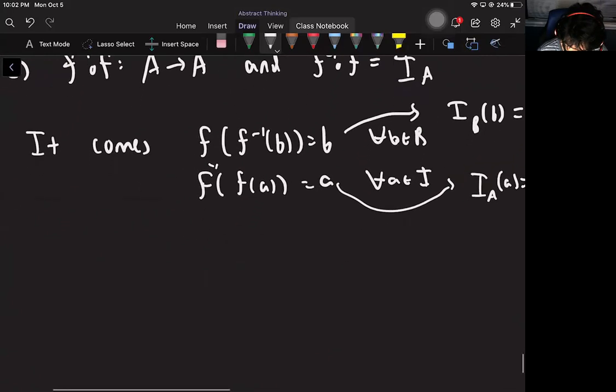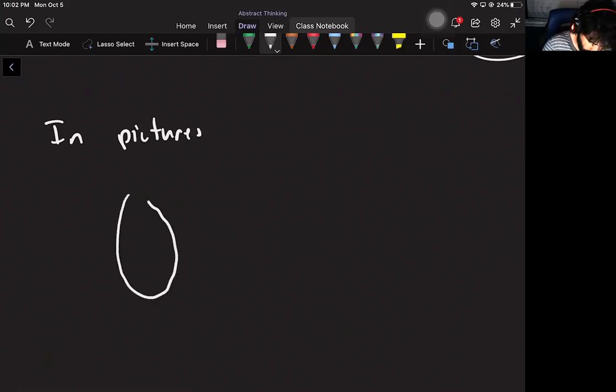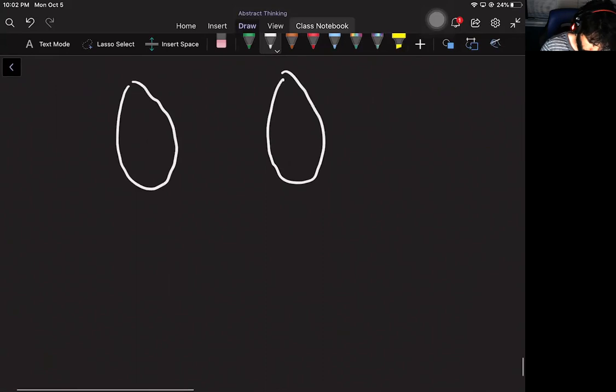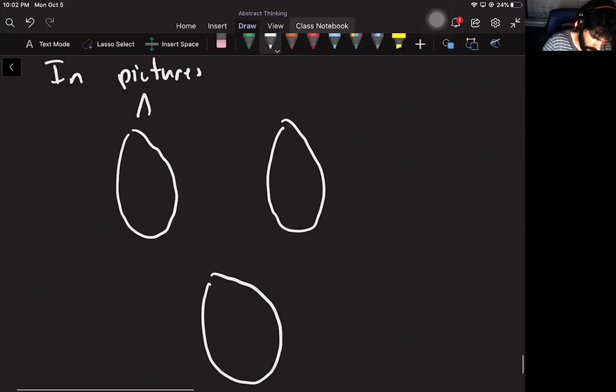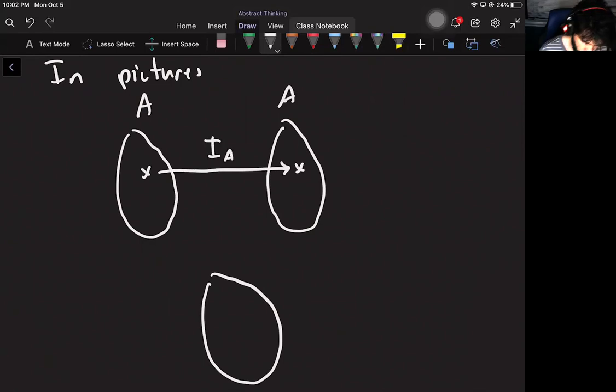We could also draw this in one other nice picture. These pictures are always nice. There's little diagrams with arrows between little blobs. They're very helpful for visualizing what's going on. So the idea is I could go from A to A by doing nothing. That's what this is.